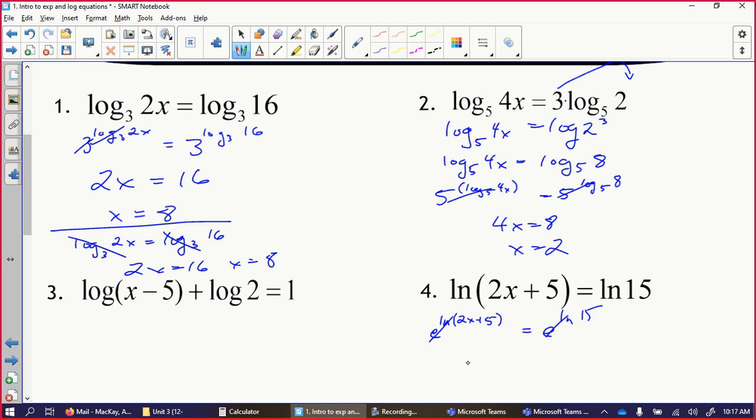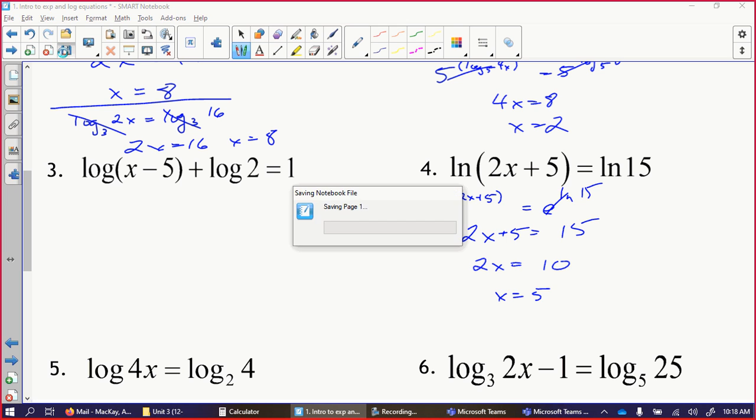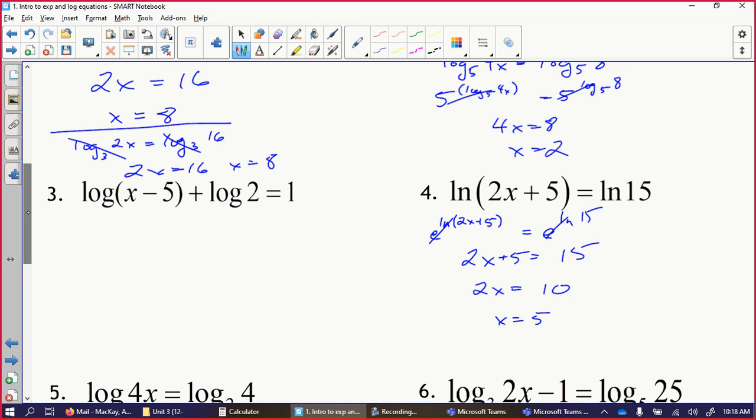Those go away. 2x plus 5 equals 15. That's got different bases, so that's a little bit of an issue. 2x plus 5 equals 15, 2x equals 10, and x equals 5. So those are the kind of log equations, the simple ones.